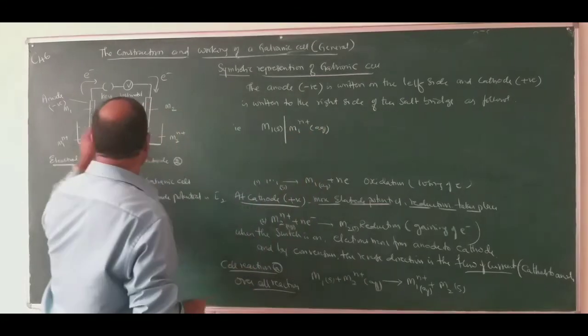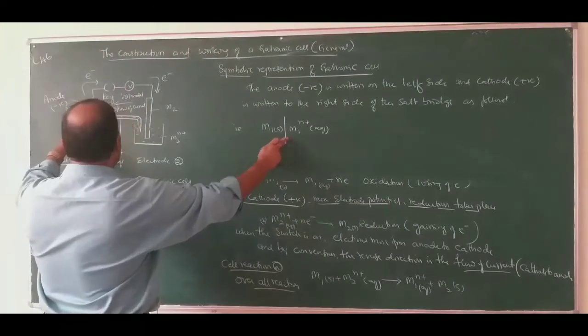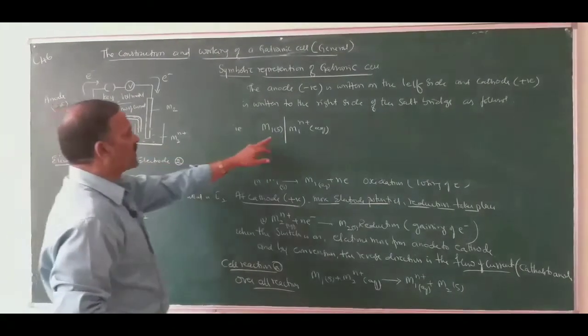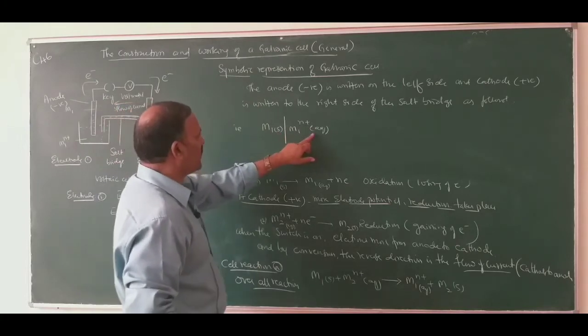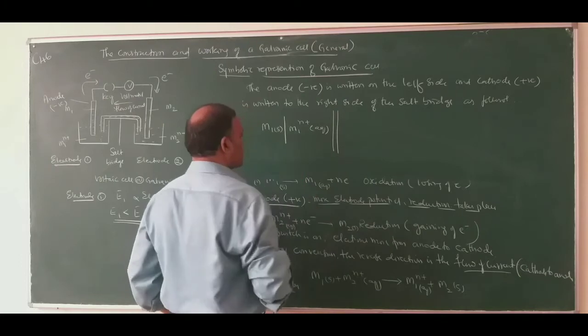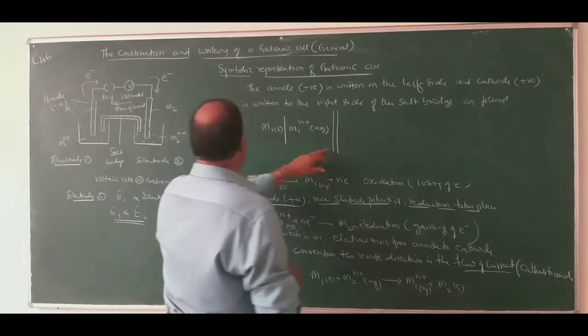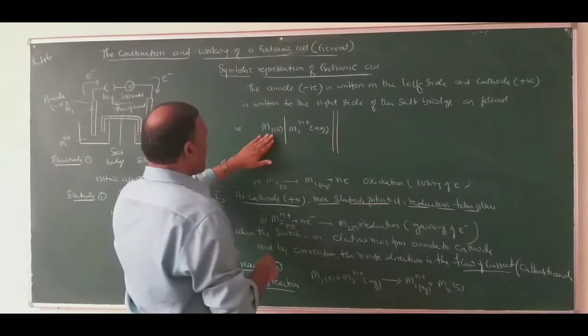So this is the anode, M1 dipped in M1^n+, and you have to write double vertical lines. So this indicates the salt bridge, and then this is the anode.